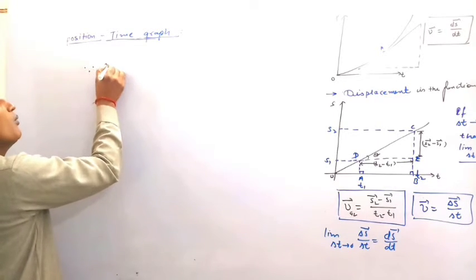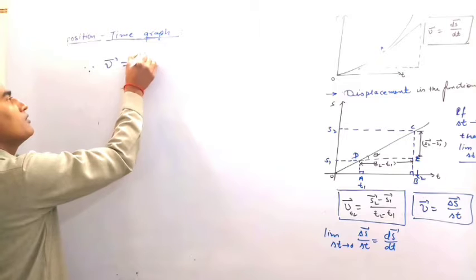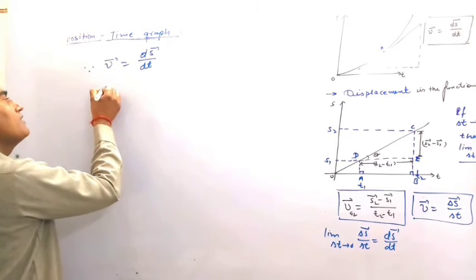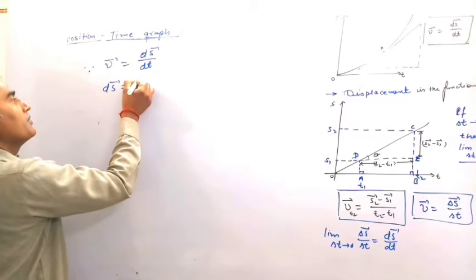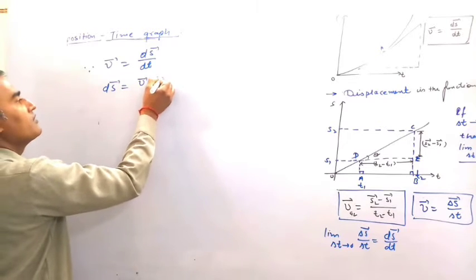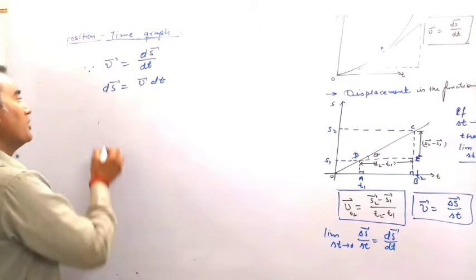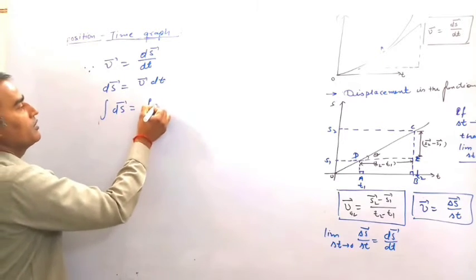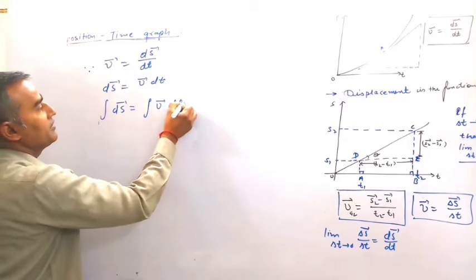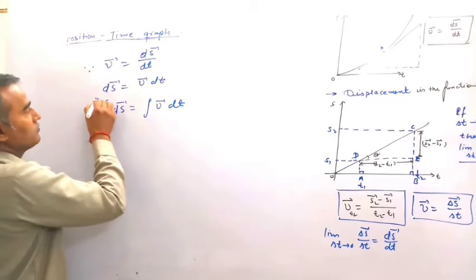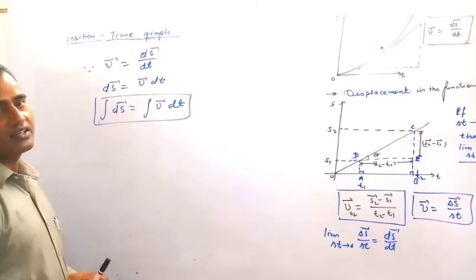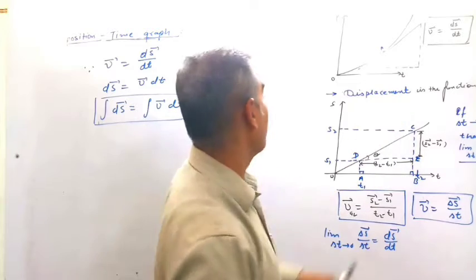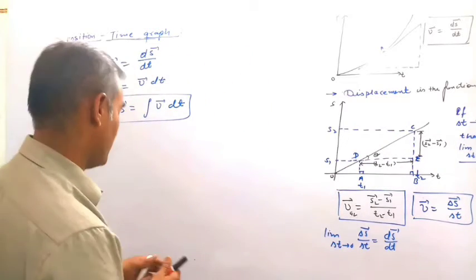Since velocity equal to ds by dt, then ds equal to v dt. So integration ds equal to integration v dt. This is the formula to get the displacement by velocity, and this is the nature of variable velocity.